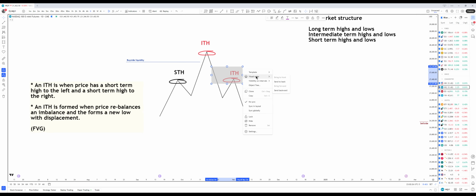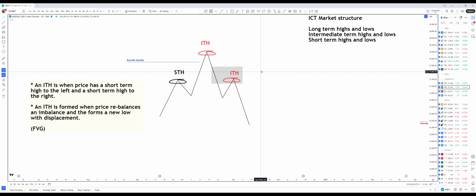Whenever you're trading ICT, you always wait for a liquidity sweep. So let's say right here, the short-term high is always the engineered liquidity.